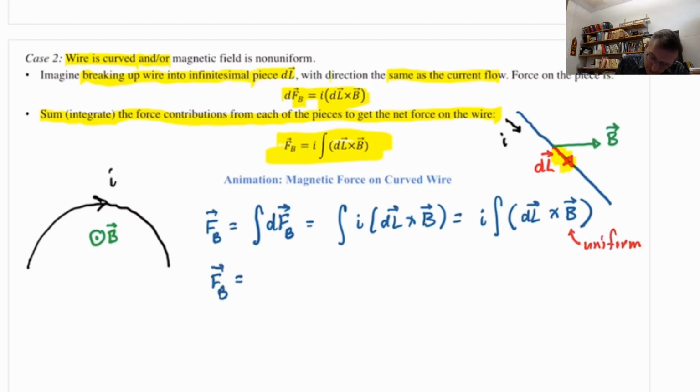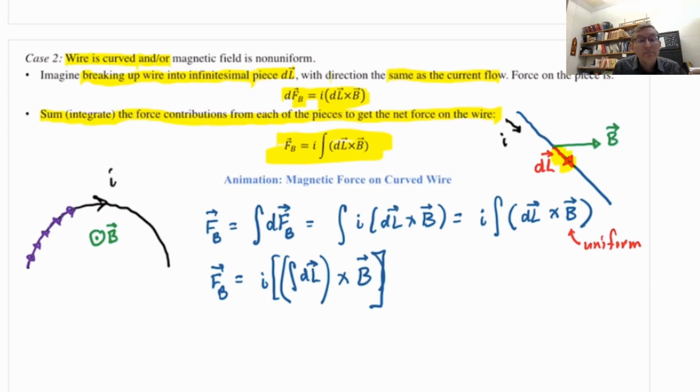You can take and put the integral with just the dl vector part, and then cross that into b, like that. And that means just take all the little dl's that make up the half circle, like that, and add them up. Now they're vectors. You've got to add them up as a vector.